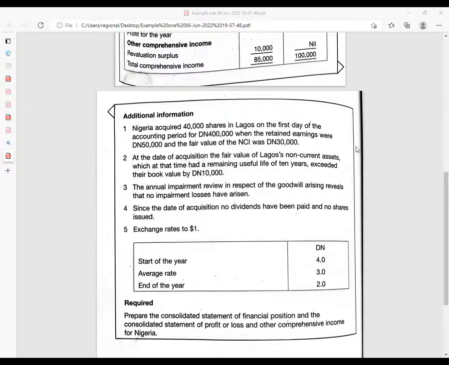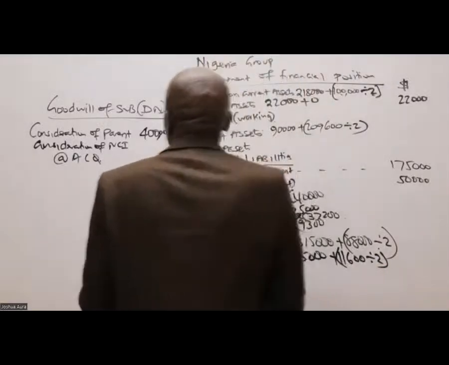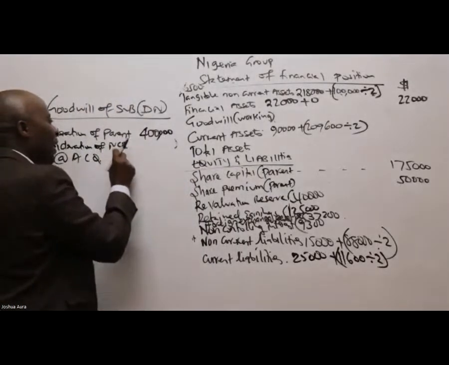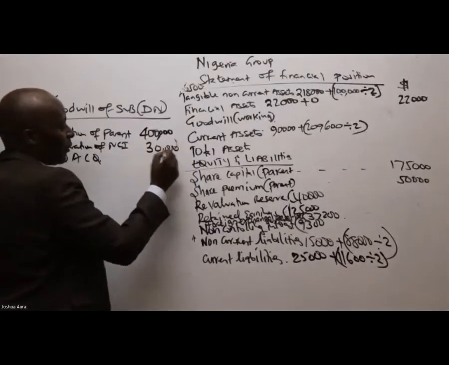You're told somewhere here, Nigeria acquired 40,000 shares in Lagos on the first day of the accounting period, when the retained earnings were DN 50,000, and the fair value of NCI was 30,000 DN. So everything is in terms of DN. Again, the consideration of the NCI at the date of acquisition is 30,000.